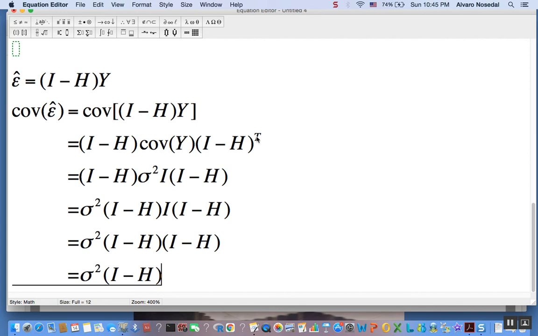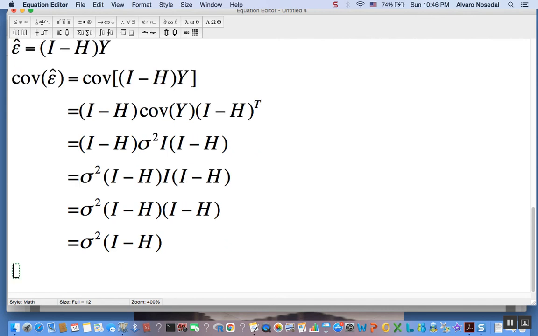Again, remember that we showed when we talked about the hat matrix and about influential observations that I minus H is symmetric, and this step here is because I minus H is idempotent. Okay, so the covariance matrix for the residuals is sigma square times the identity minus H.